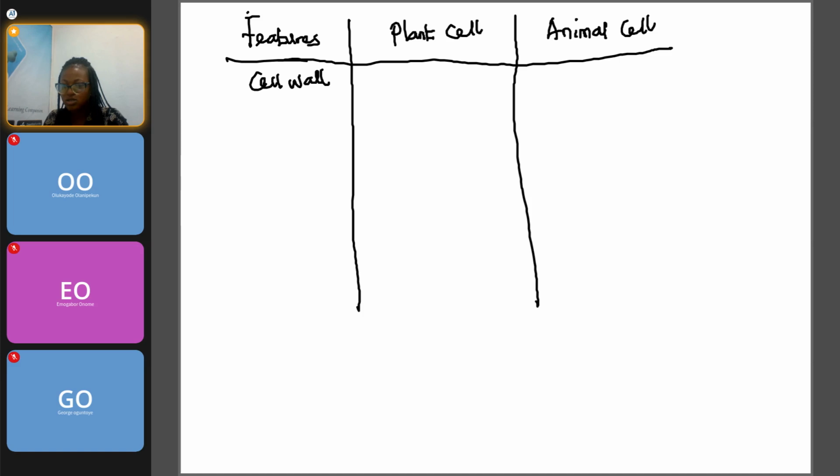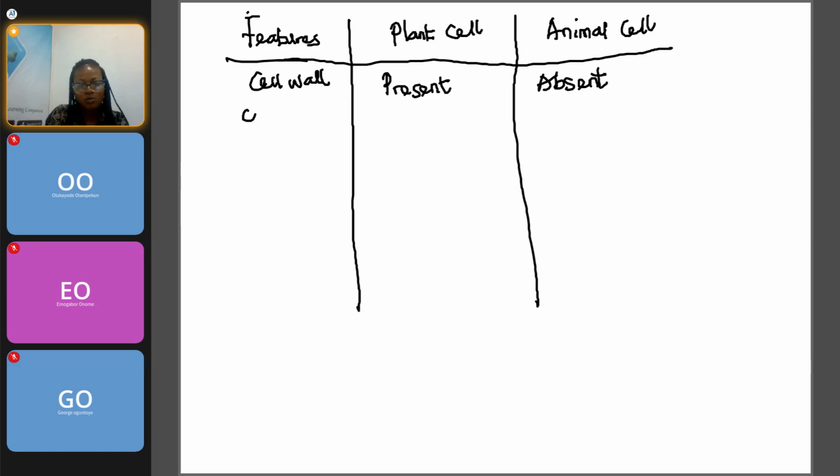If you understood what we discussed earlier, is cell wall present in animal cell or in both cells? Okay, thank you. We have present here and it is absent here. So this is a short way you can decode the differences between plant cell and animal cell.